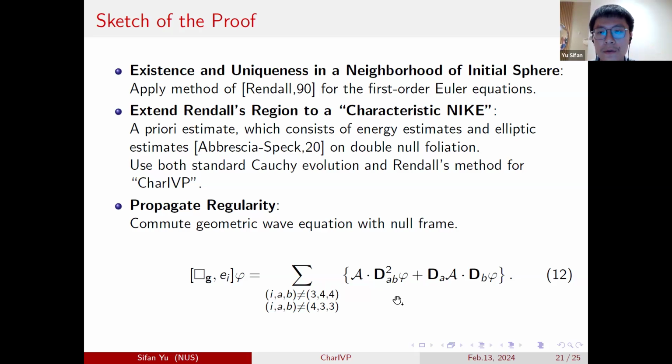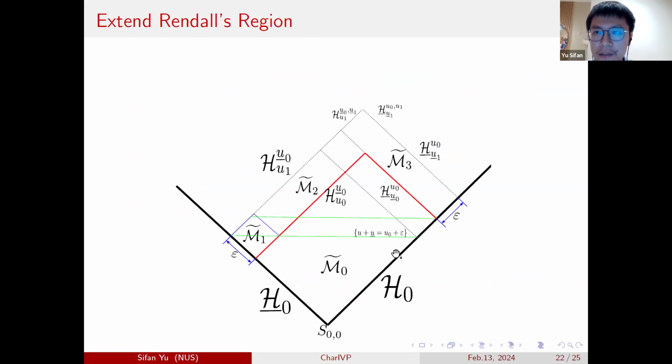Okay, so let me tell you how to extend the Rendall region to the characteristic net. This picture is a little bit too much, but I will try to explain it in detail.